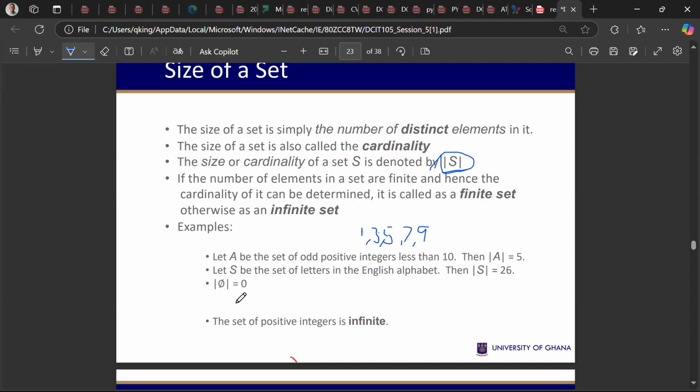And when we want to find the cardinality of an empty set, or a null set, it is, simply put, 0, because it has no element. But the set of positive integers is infinite, because it goes on and on.